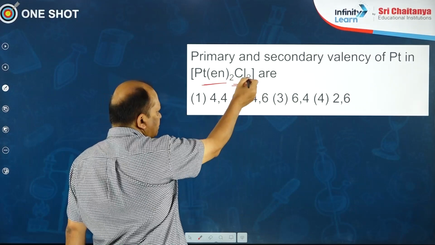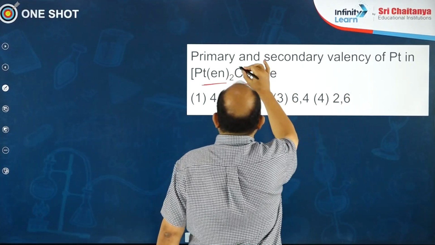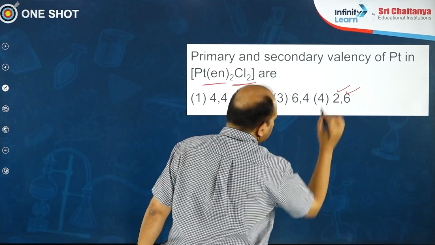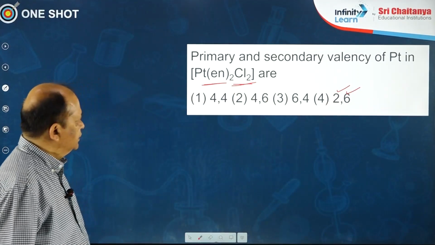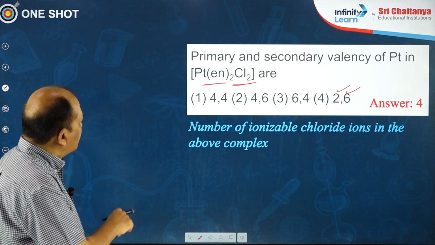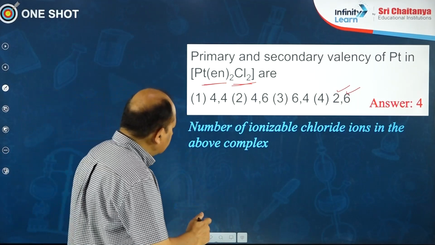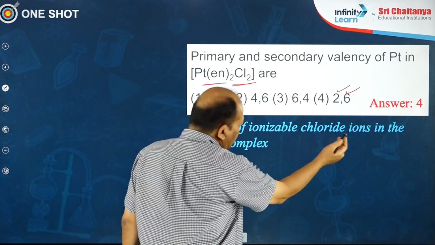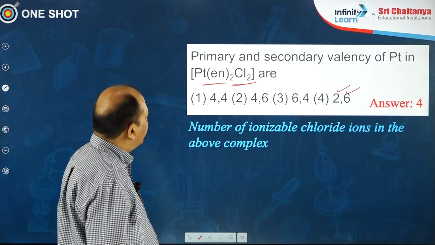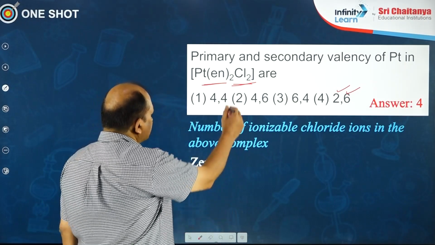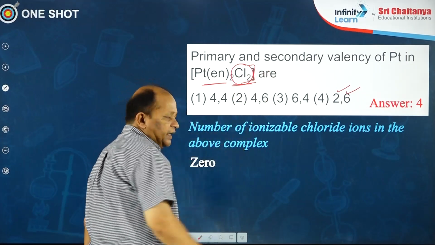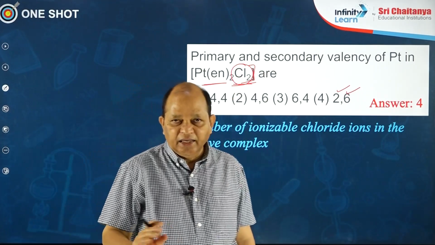So, total 4 plus 2, 6 is the secondary valency and 2 is the primary valency. So, option 4 is the right option. Sometimes for the same complex he can ask a question like this: the number of ionizable chloride ions present in this complex. Actually, there are no ionizable chloride ions, because whatever chloride ions are present, they are within the square brackets; these are non-ionizable.